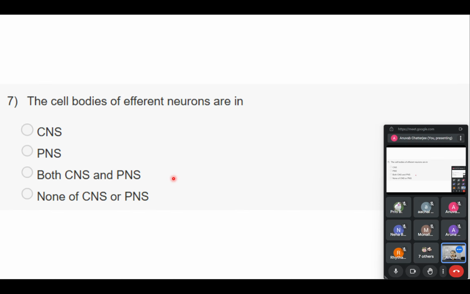Okay. Moving forward, the cell bodies of efferent neurons are present in the central nervous system, the peripheral nervous system, both the CNS and the PNS, neither in the CNS or the PNS. You can put what you think is the correct option into the chat.